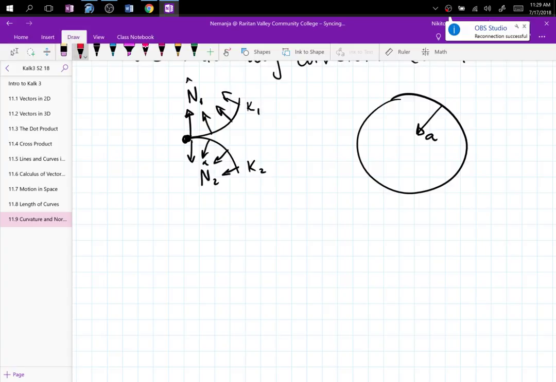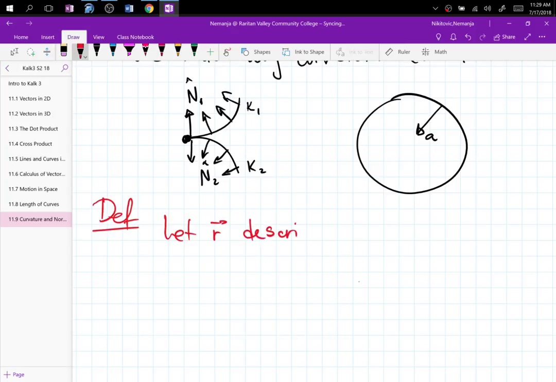So definition for the unit normal vector, principal unit normal vector: let R describe a smooth parametrized curve by arc length.